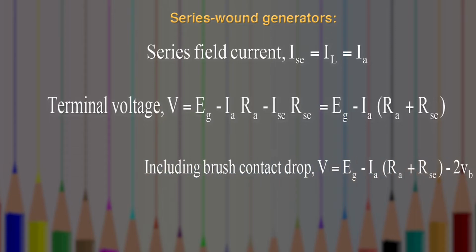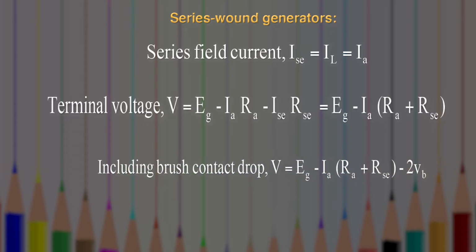Now if you are considering the voltage drop across brush as VB, there are 2 brushes, so again you can write the expression for the terminal voltage V equal to EG minus IA into RA plus RSE, minus 2VB.